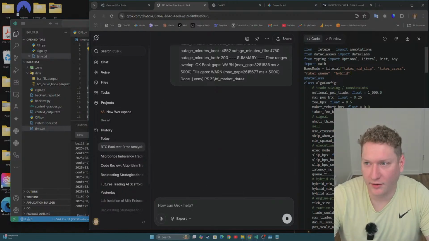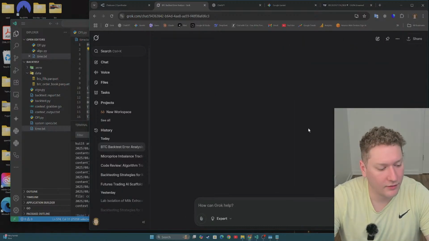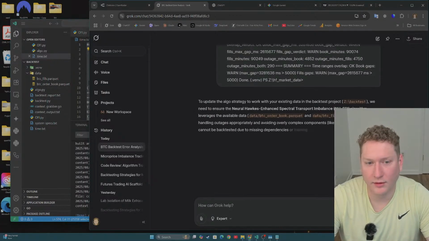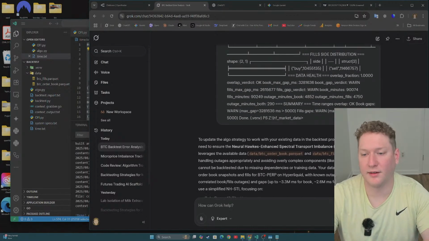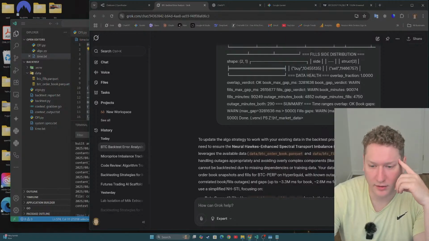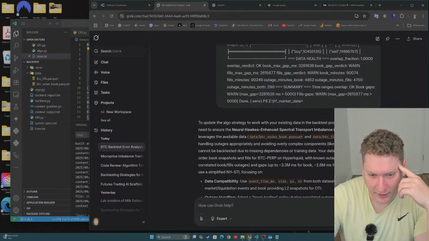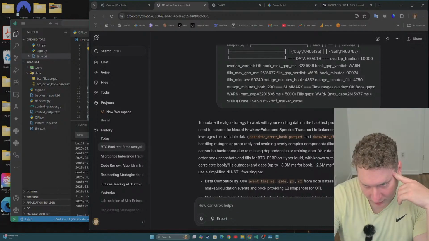All right, we're just gonna go straight into quick answer. And that broke up. Oh, okay. To update Algo to work with the existing data in the backtest, we need to ensure the algorithm leverages the data available while handling outages appropriately and avoiding overly complex components like neural.